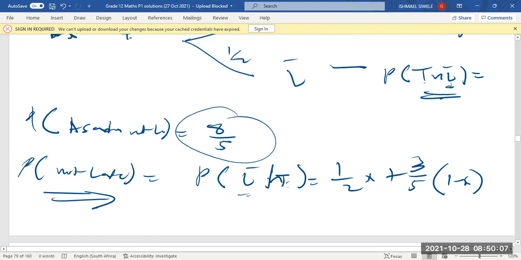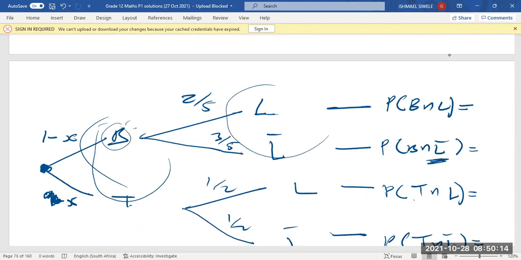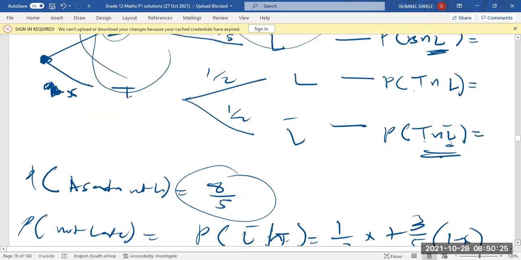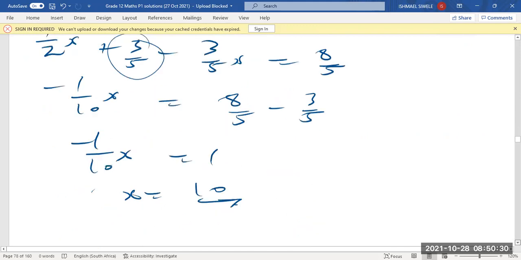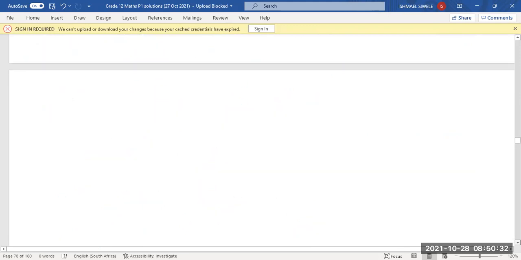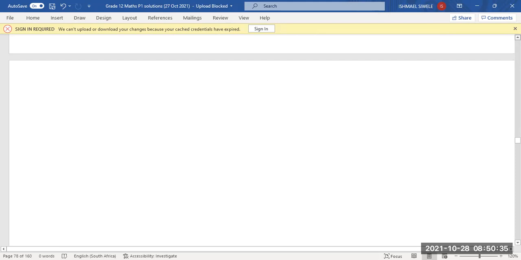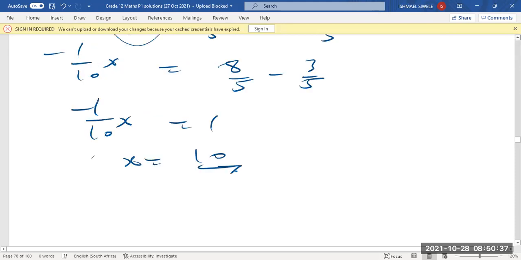Maybe that's where I might have made a mistake. The way that she used brackets, 1 minus x. Now let's see where we went wrong, because we can't be getting wrong things if what you are doing is correct. Looks like I'm going very far now.